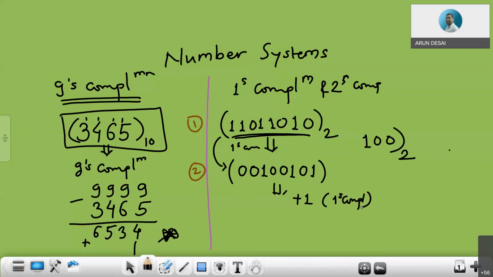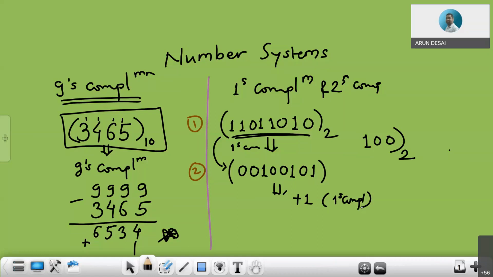Just keep in mind that this is how we are converting a number into a two's complement number. So given a number, you need to reverse or complement that number, once a zero, so one, and then we are adding one into that. This is the two's complement number of the given number.